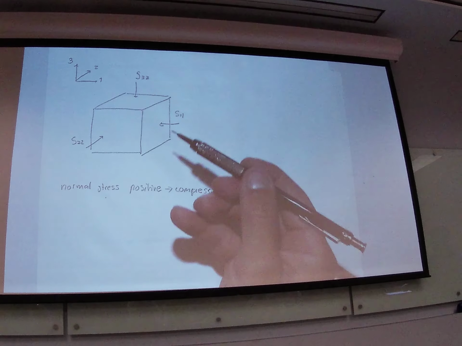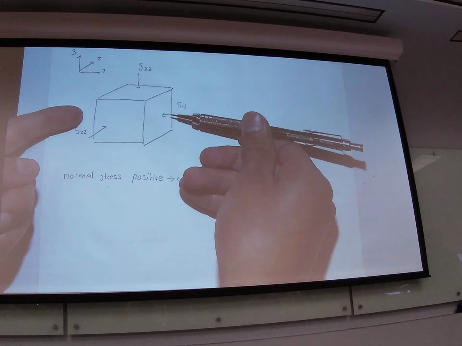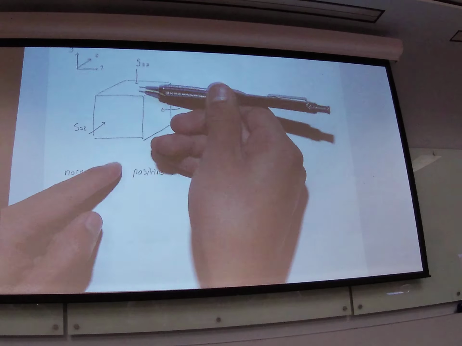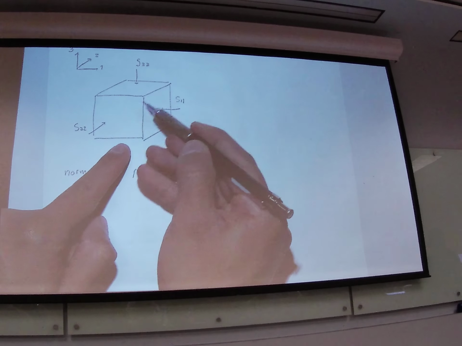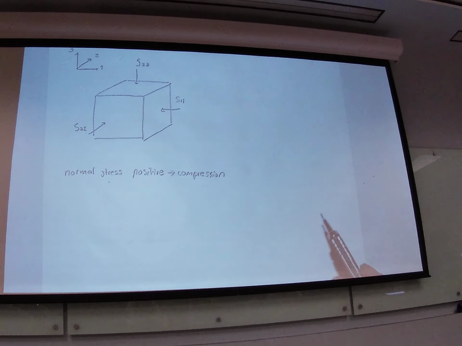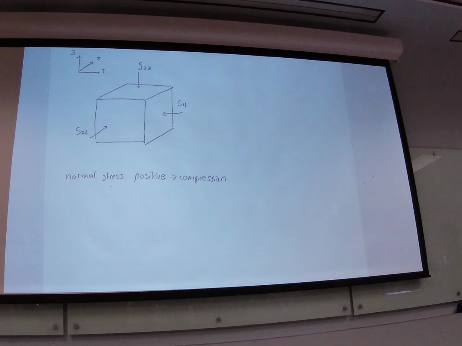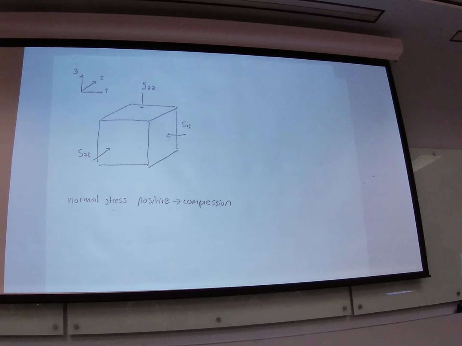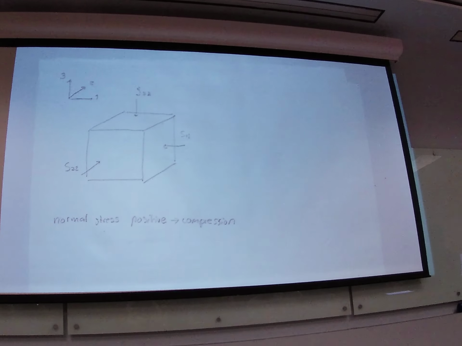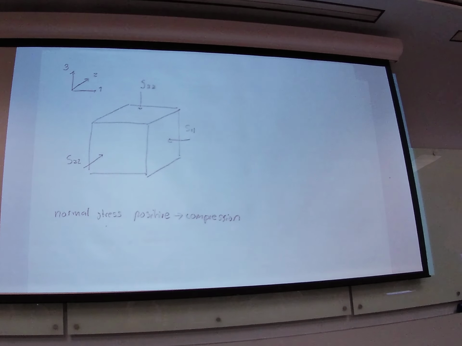Notice that all these stresses are applying compression in this direction, or in direction number 2. So all of those are going to be positive. This is kind of easy to see, right? Because it looks like the arrows are pointing towards the element. So you can see that it is a compression.